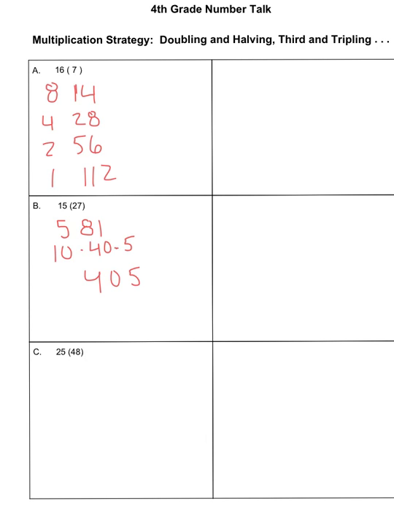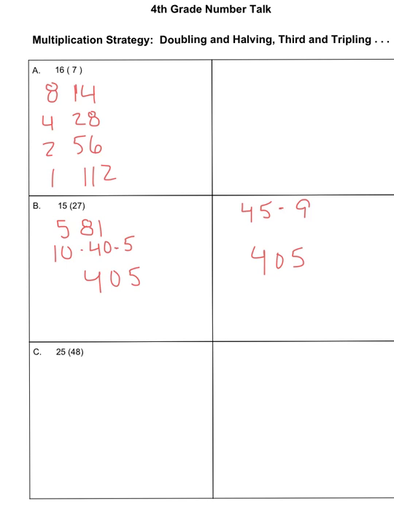What if 15 times 3 would be 45. 27 divided by 3 would be 9. 9 45s would also give you your 405. So you can really do the tripling, the thirds, in either direction, and it works out.